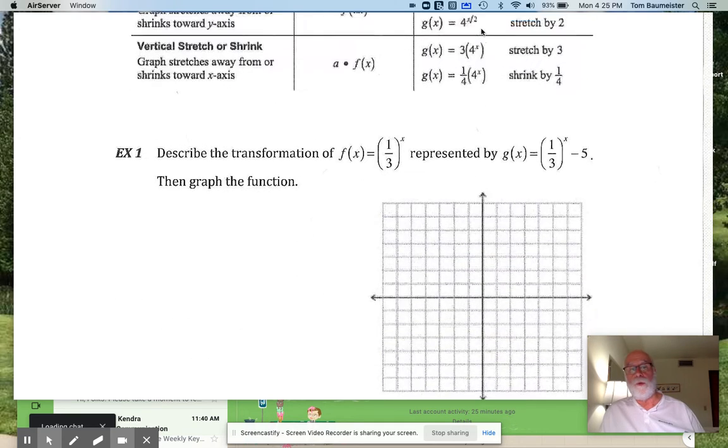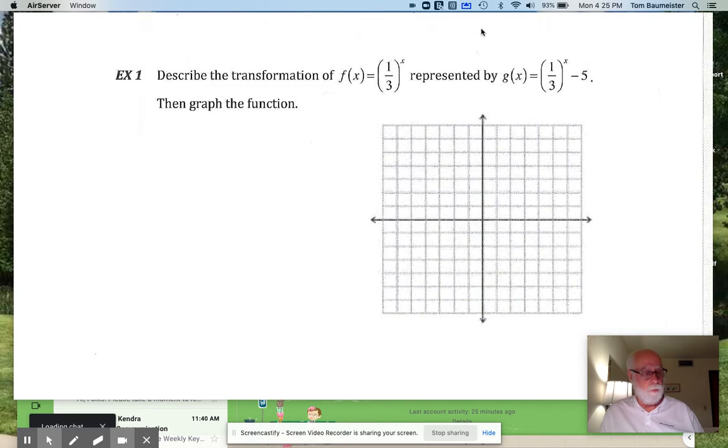All right, so let's do 3 examples here, ladies and gentlemen, and you should be on your way. So, number 1, describe the transformation of f of x is equal to 1/3 raised to the x power, represented by g of x, which is 1/3 raised to the x power minus 5. And then it wants us to graph the function.